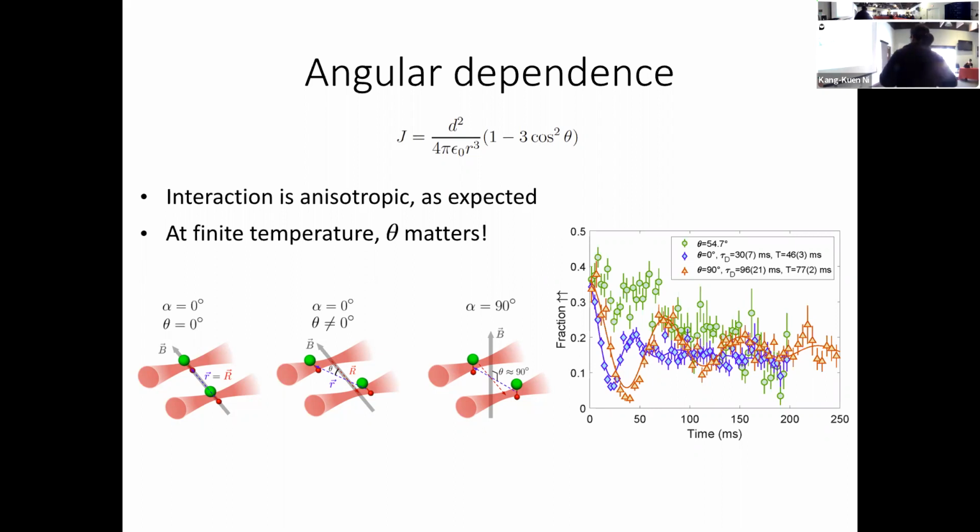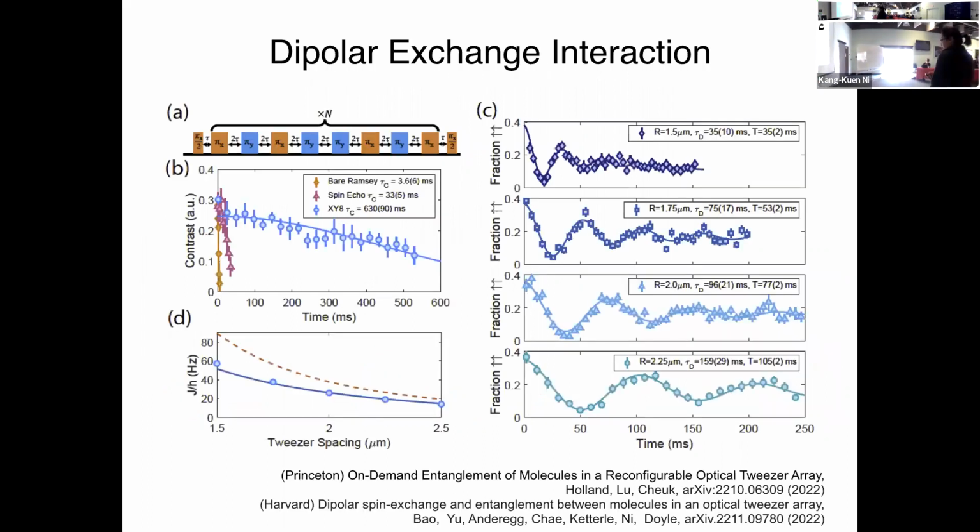Okay, so this picture is trying to depict a different scenario that allows us to explain the deviation from this 1 over r cubed scaling.